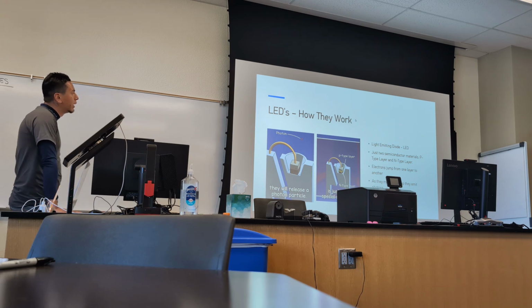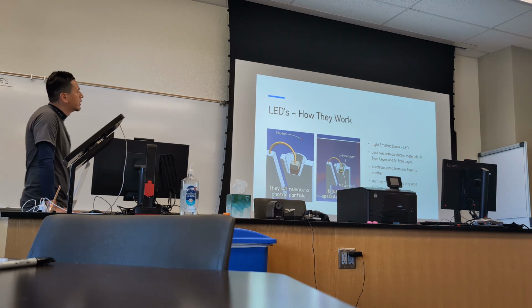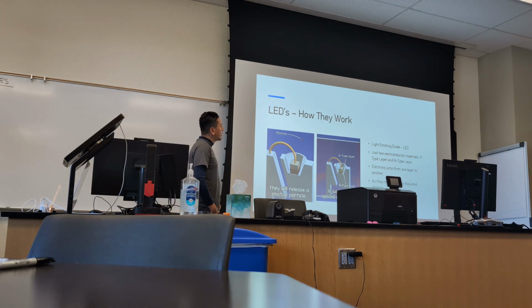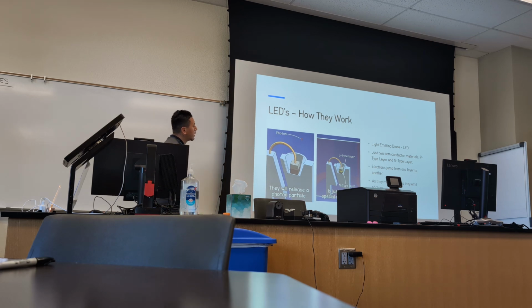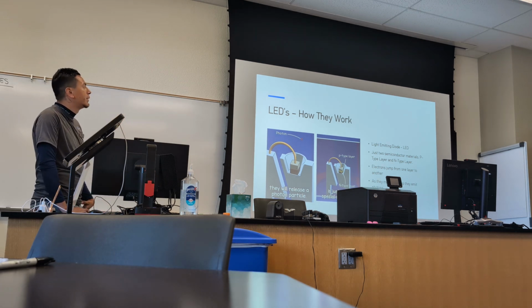So how do LEDs work? LED stands for light emitting diode. It's just two semiconductor materials, a P-type layer and an N-type layer. Electrons jump from one layer to another, and as they make the jump, they emit a photon. So that's how we get the light, right?